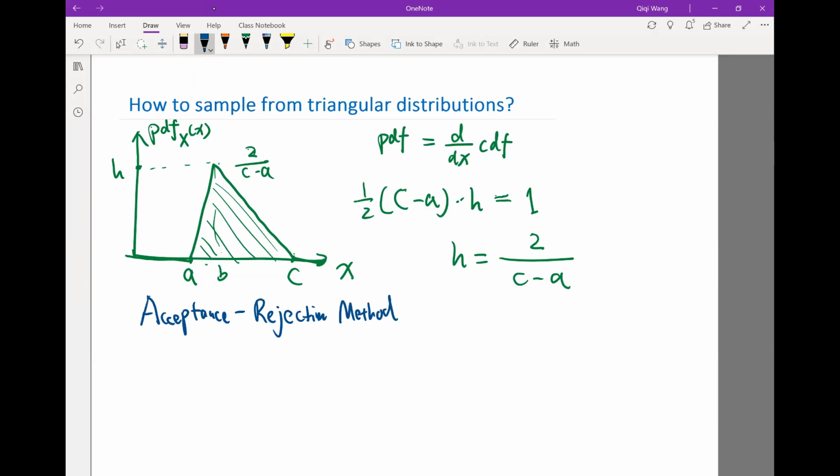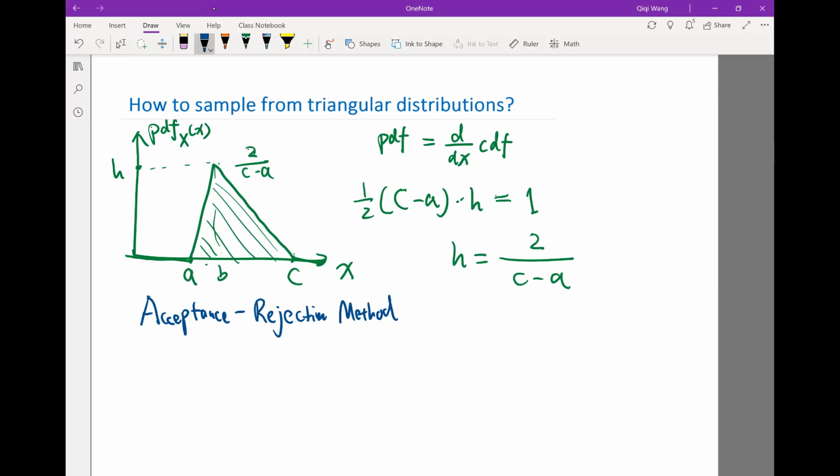This method depends on the fact that you can sample another distribution whose probability density function, or at least a scaled version of that probability density function, would be greater than or equal to the PDF of the desired distribution.